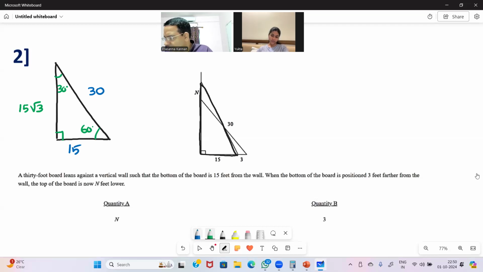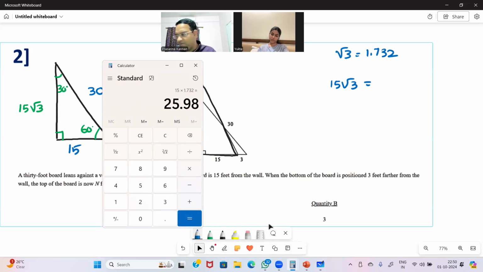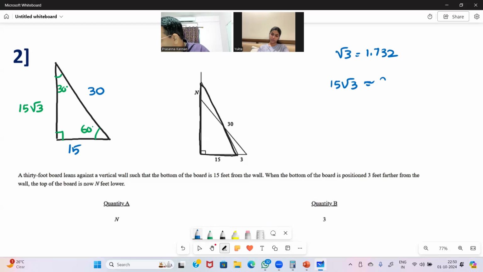If I have to calculate, root 3 is 1.732, multiplied by 15, that will be 25.98 or approximately 26, right?